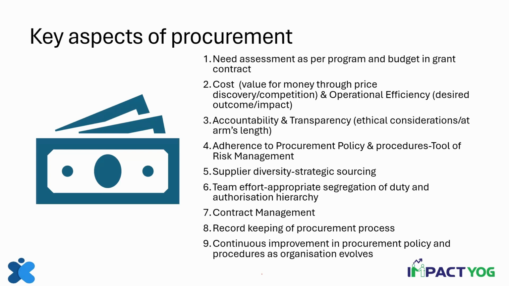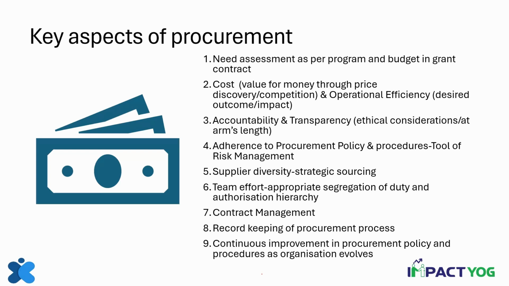And how do you decide that? Because when the product comes, you are the verifier. The finance person will come and say, sir, please verify that this product has been received as per the purchase order or as per the work contract. Now, it is very critical for you to understand the technical specification when you initiated the procurement, so that when the material comes, you are able to verify and say, yes, it is good and it will serve the purpose for which I have asked for it.